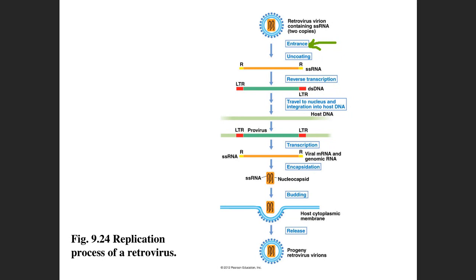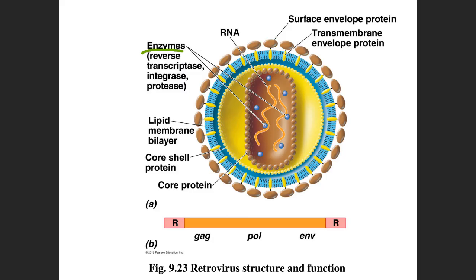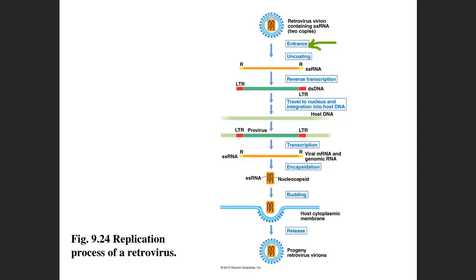So imagine one virus is a drop of oil, and your cell is a giant drop of oil. When the two meet together, they fuse. And once they fuse and it gets uncoated, the core proteins all get digested, and then the RNA gets released, and that's where the reverse transcription takes place and makes double-stranded DNA.